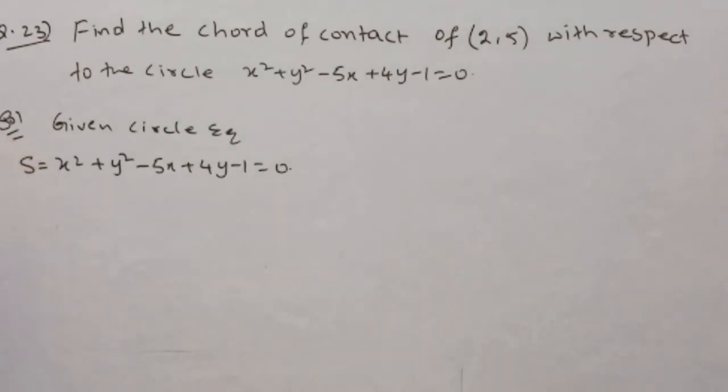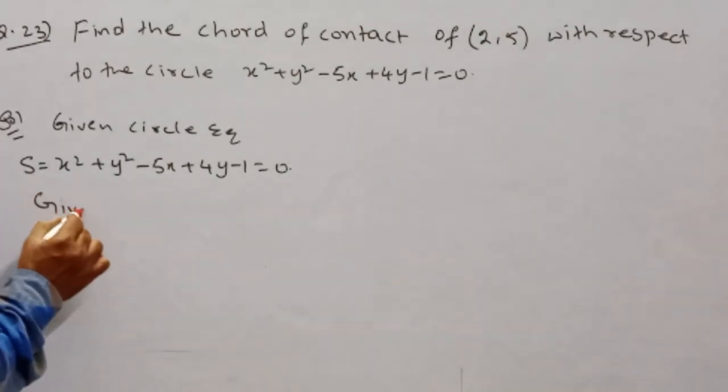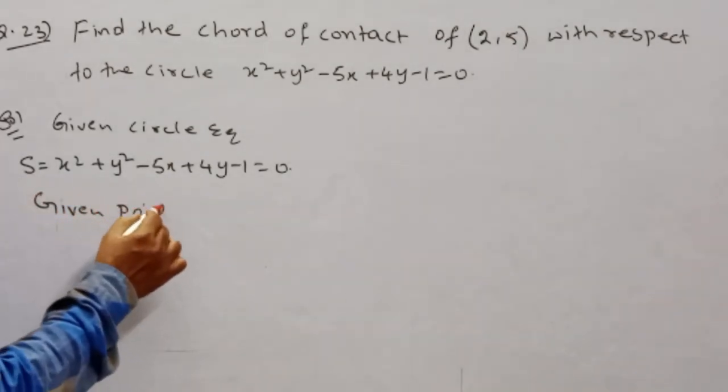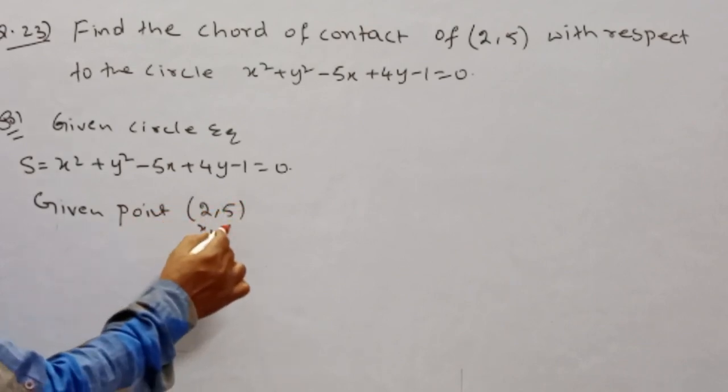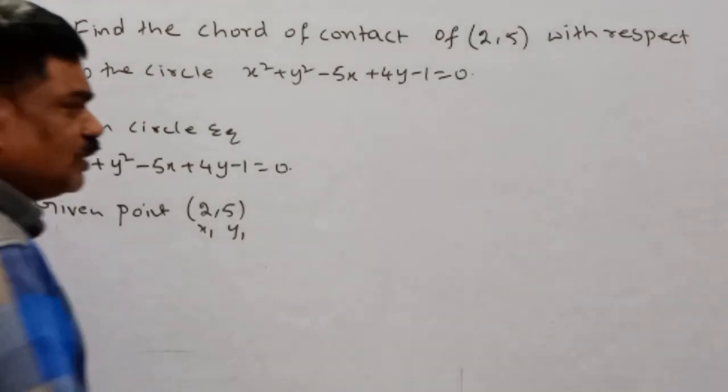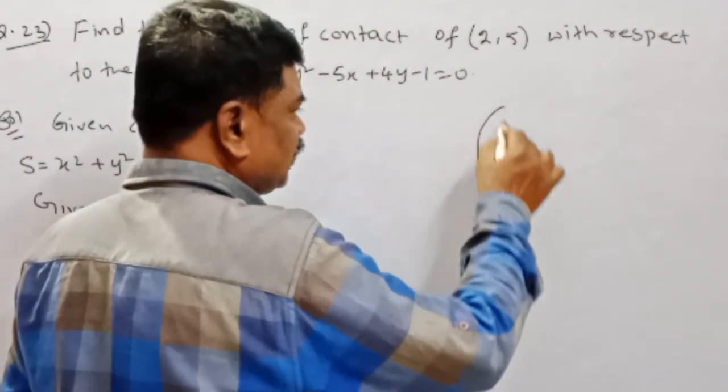Let us take this as S. So we have the given circle equation and the given point (2, 5), this is x1, y1. What is the chord of contact?